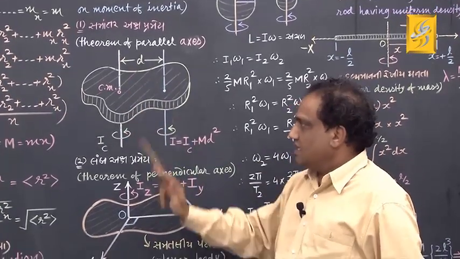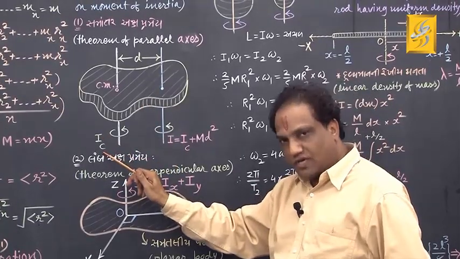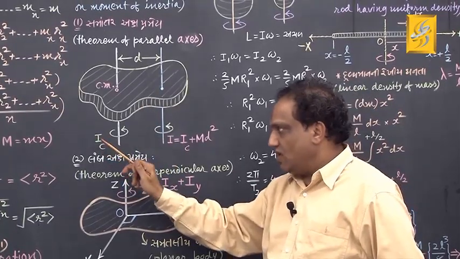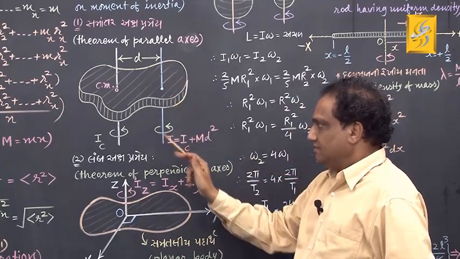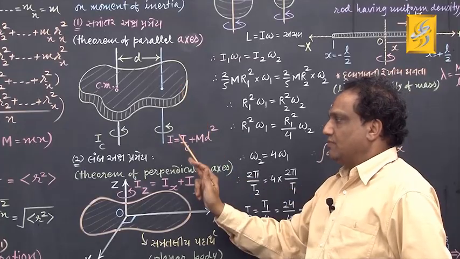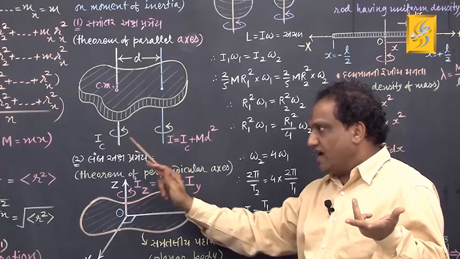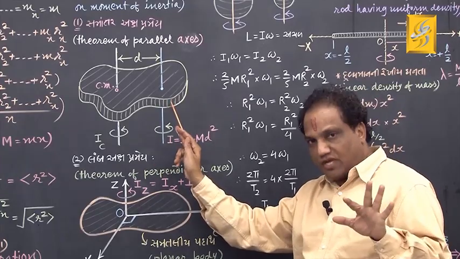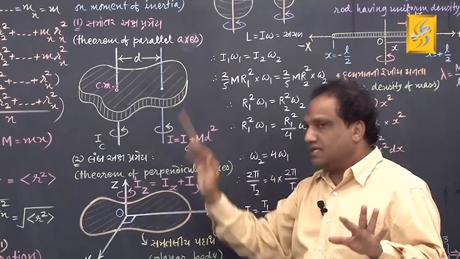About this axis, the moment of inertia of this rigid body is IC. Now consider another axis about which the moment of inertia is I. What is the formula of I in terms of IC, the mass of the body, and the perpendicular distance between these two parallel axes?